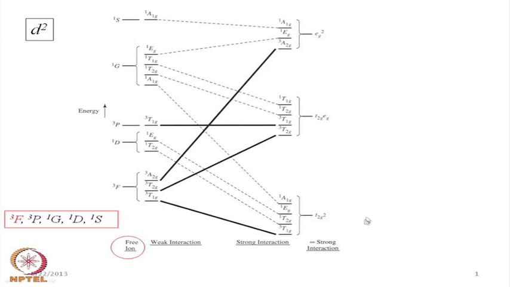So, if we just push one electron from the corresponding levels, that means the T2G level, that one electron will, if we push there, go to this particular electronic configuration, and the corresponding correlated level is 3T2G.